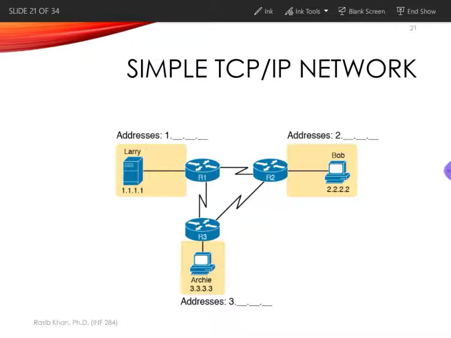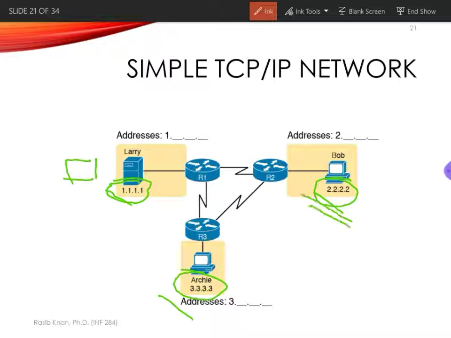So this is the same concept that we have in the TCP IP network. Hosts on the network are given addresses, just the way that you have addresses in the real world. So whenever you are trying to send a packet from Larry to Bob, the packet would need to be addressed to Bob's address.